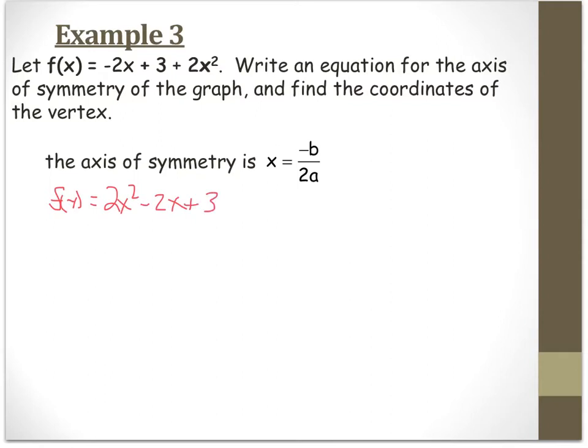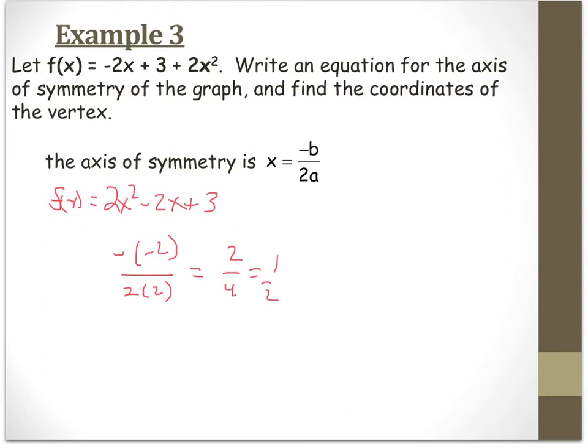I like patterns, and when the equation is in a certain form, visually I like to see it in the form that I'm used to. So negative b, so we have negative b all over 2 times a. So I have a negative times a negative 2 all over 2 times 2. So that gives me 2 over 4, so 1/2.